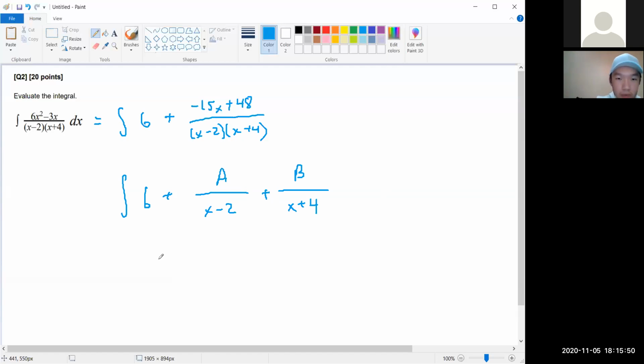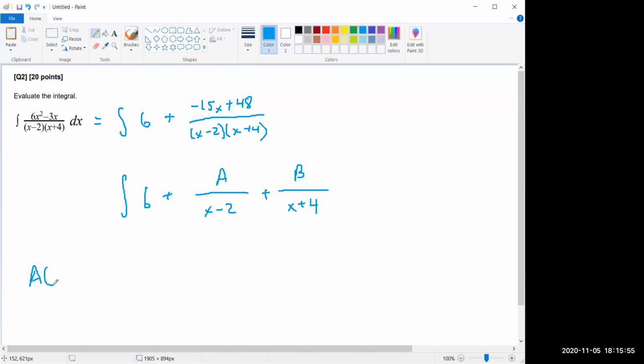To add the two fractions, you just find common denominators, which means you have A times x plus 4 plus B times x minus 2 equals the original numerator, so that's minus 15x plus 48.